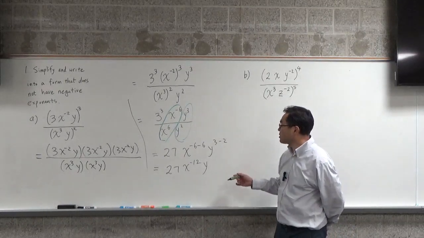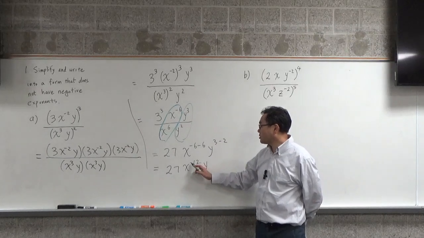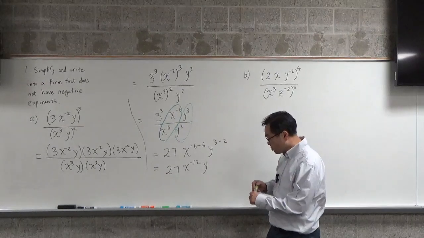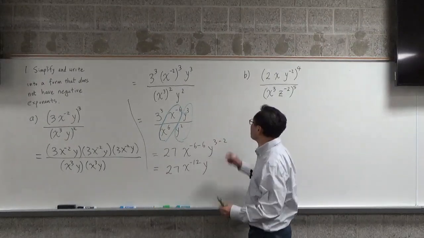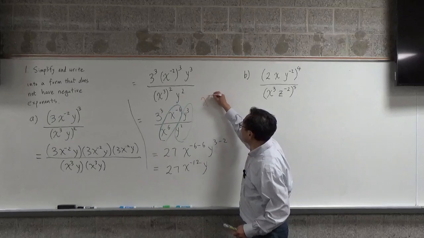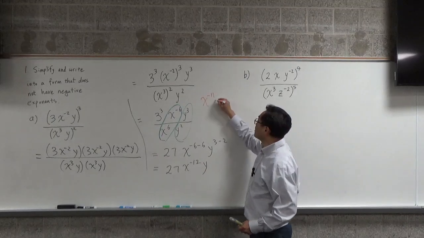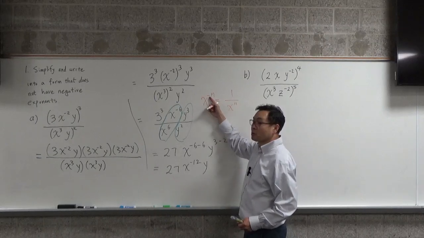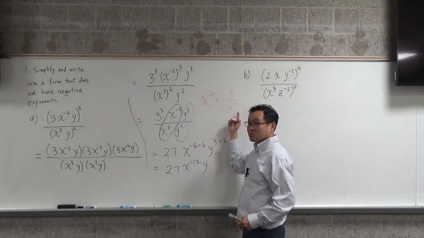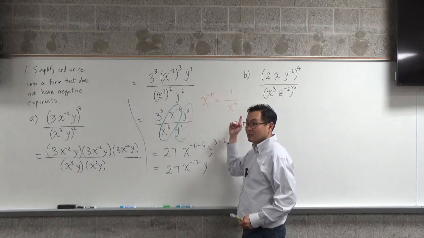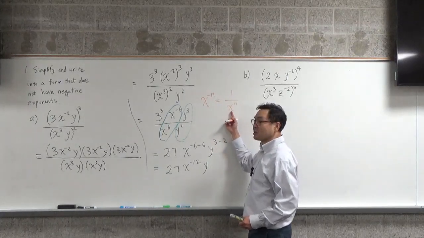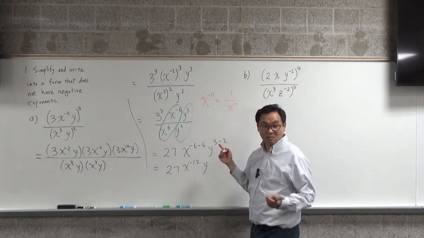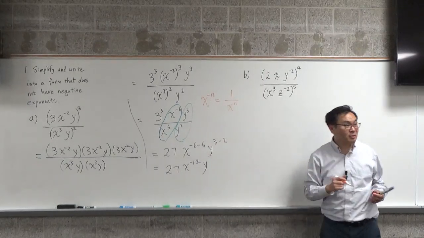What we learned last time is that if you have x to the negative n, that's the same as 1 over x to the n, right? So the negative exponent actually makes something go down to the basement, and you can bring something that's in the basement above ground by negating the exponent.